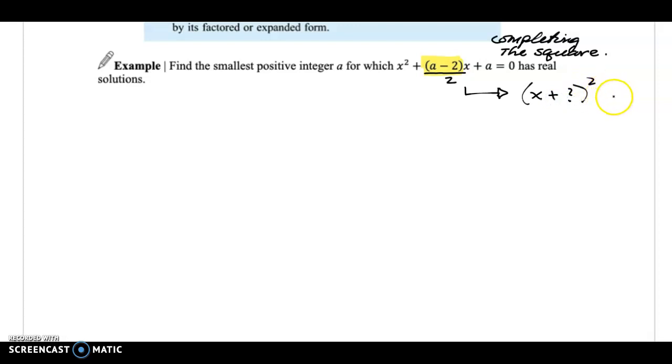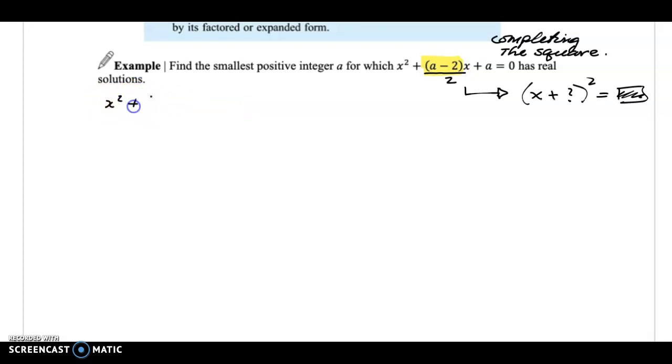Then you would have this term left over, pushed over to the other side. That's the essence of it. If you don't remember, I'm putting up a completing the square video and you'll get the idea.